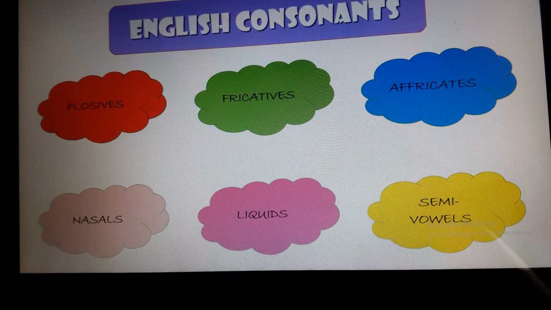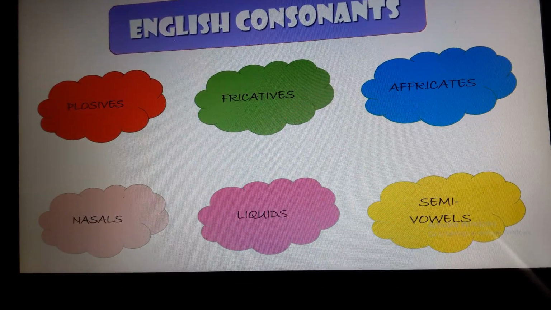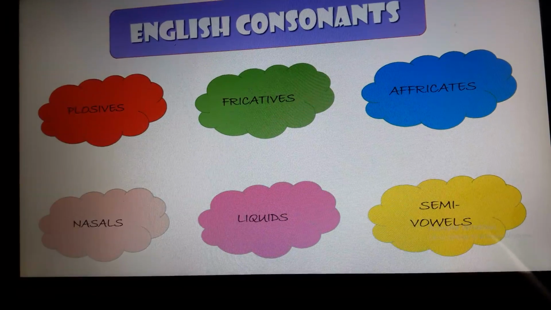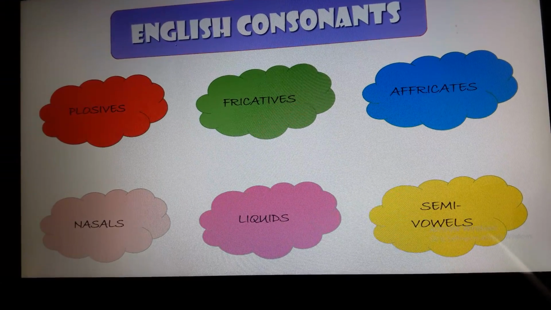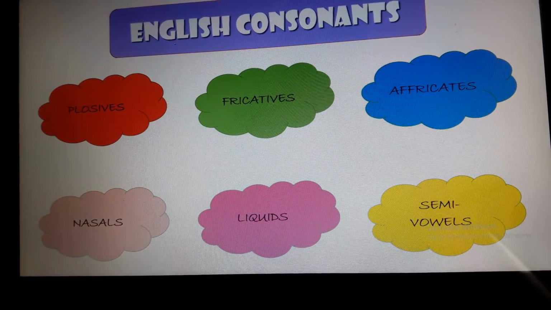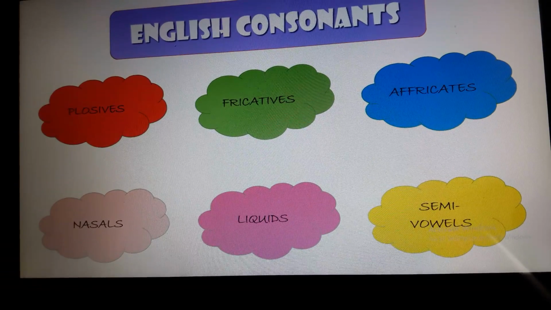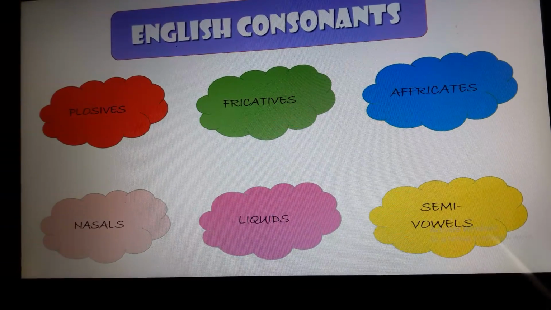A semivowel or glide is a sound that is phonetically similar to a vowel sound but functions as a syllable boundary, rather than as the nucleus of a syllable.